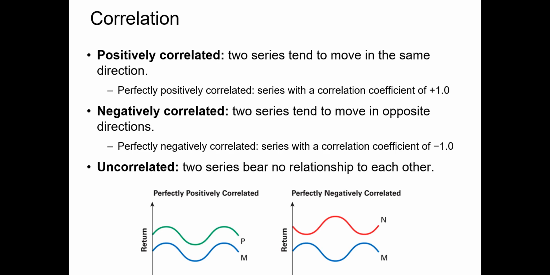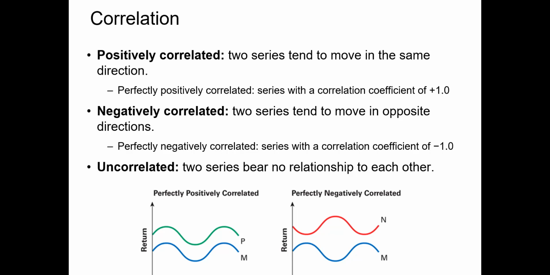So let's take a look at what positive and negative correlation looks like. Positive correlation indicates two series tend to move together in the same direction. Negative correlation indicates that two series are likely to move in opposite directions from one another. Notice here that we have two random variables that are perfectly positively correlated in the bottom left-hand corner of our screen. This perfect positive correlation indicates that a rise in random variable p will always have a comparable rise in the value of random variable m.